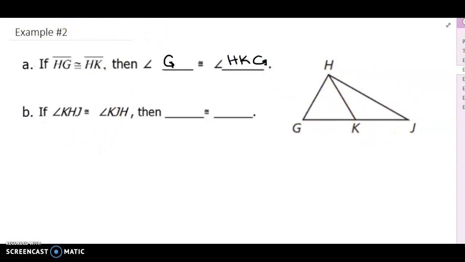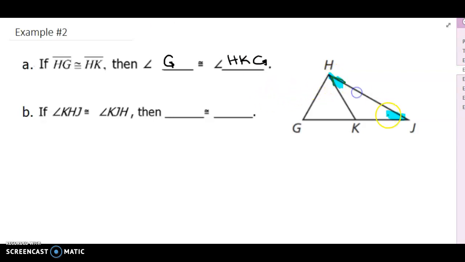All right, so part B tells me angle KHJ, so that's this triangle. If that triangle is congruent to KJH, which is this triangle, then what? Well, guys, this is the opposite.